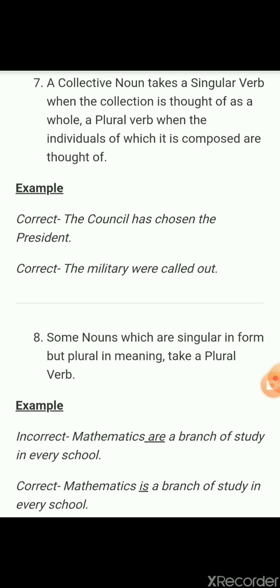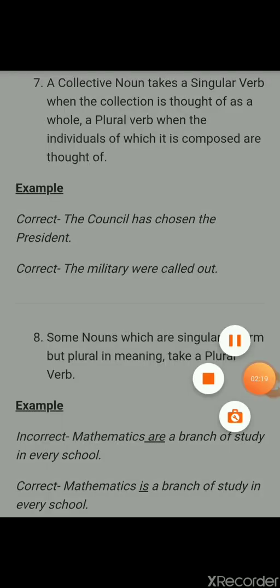Mathematics, even though S or ES has been provided to the subject, we will not give a plural verb to the sentence because it is serving the purpose of one, meaning mathematics is a branch of study, a single branch of study in every school. I hope you people understood.